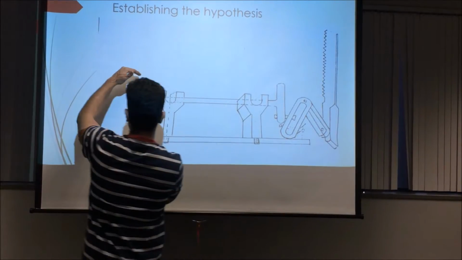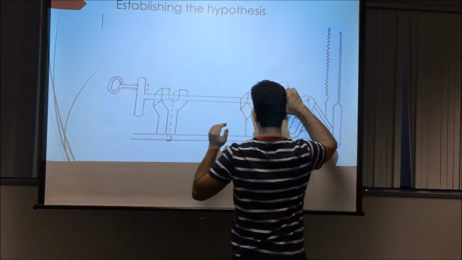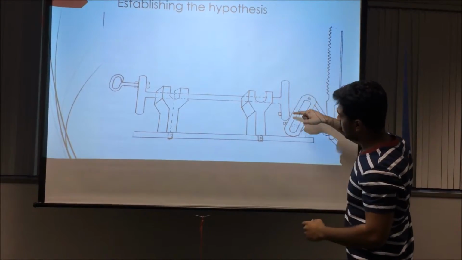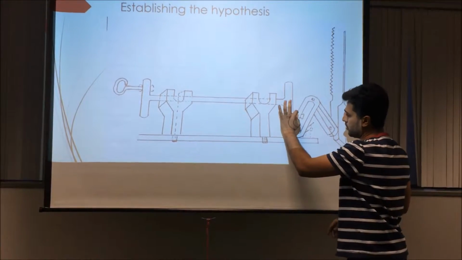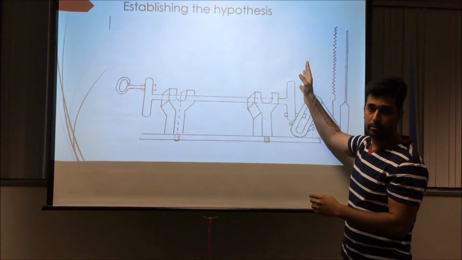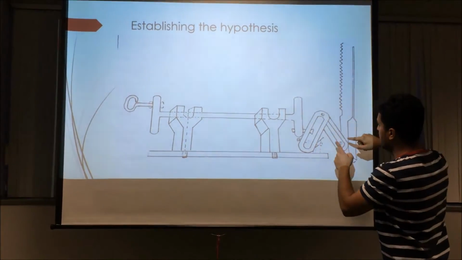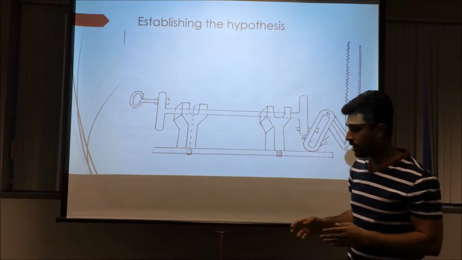When this part of the machine rotates, this rod rotates with it, and the flywheel, as you know, rotates with it, and this connector helps the arm to oscillate, move forward and backward, and the connected blade moves forward and backward in this motion.